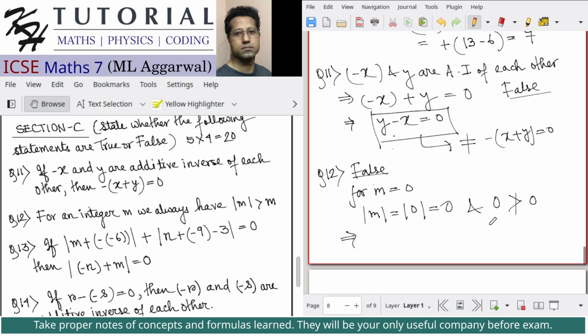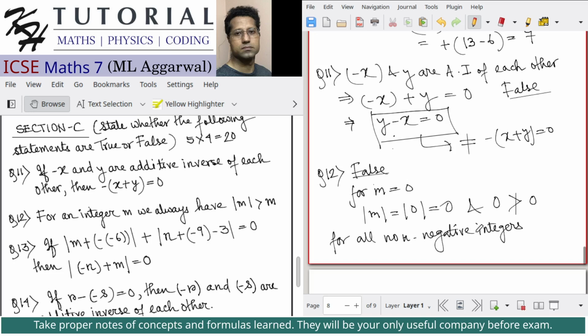In fact, for all non-negative values of m, that is all integers greater than or equal to 0, this statement will be false.